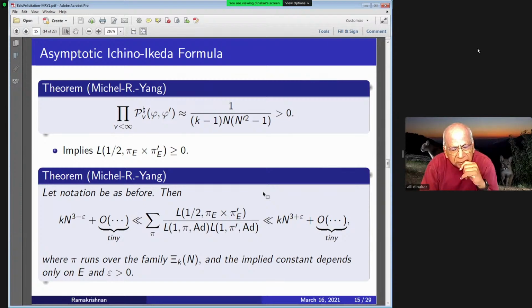So as you run over this family, fixing π' and averaging over π, this is what you get. You get a certain bound, which is not so great, but it's pretty good. The lower bound is good, and that gives you some non-vanishing results, that many of these L-values are non-zero.